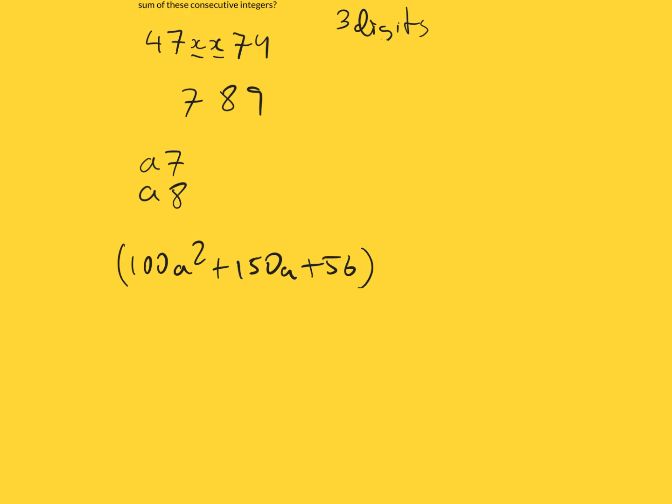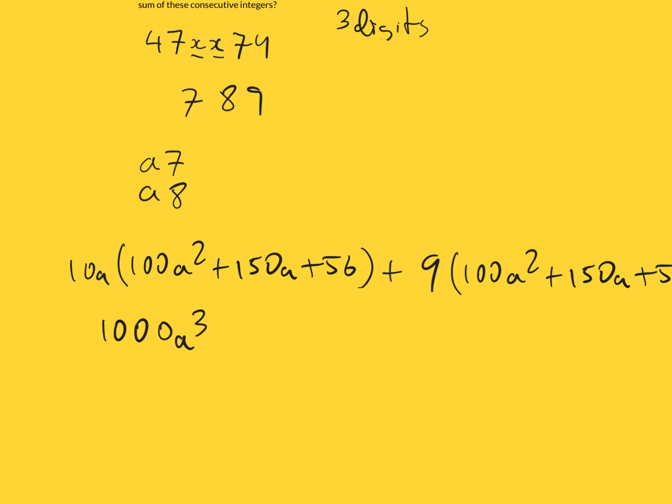If we multiply this by our little bit of a 10a plus 9 times this, we have, if simplifying, 1000a cubed plus 2400a squared plus 1910a plus 504.